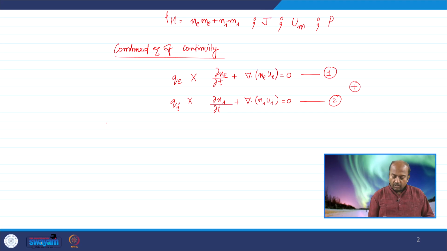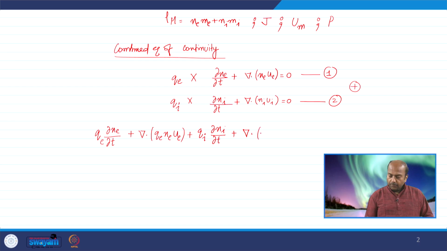So, we will get something like this, which is QE dou Ne by dou t plus del dot QE Ne ue, plus QI dou Ni by dou t plus del dot Ni QI ui is equals to 0.